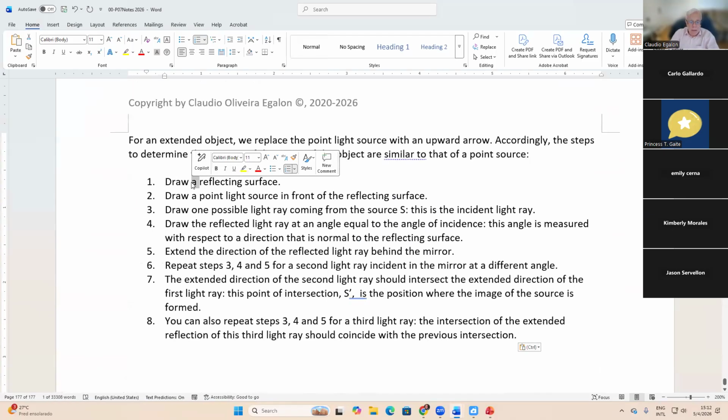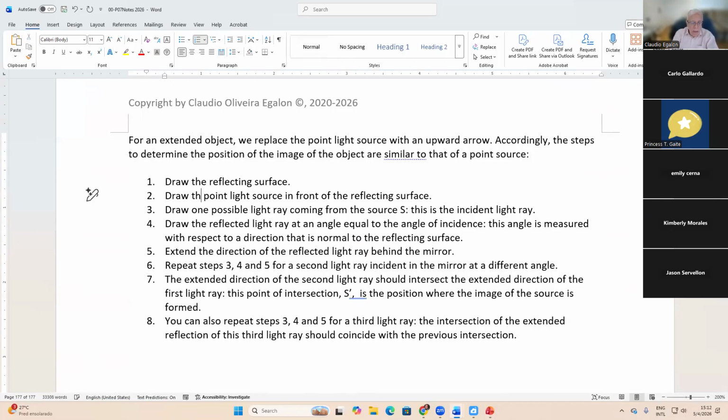One, draw the reflecting surface. Draw the extended object as an arrow in front of the reflecting surface.